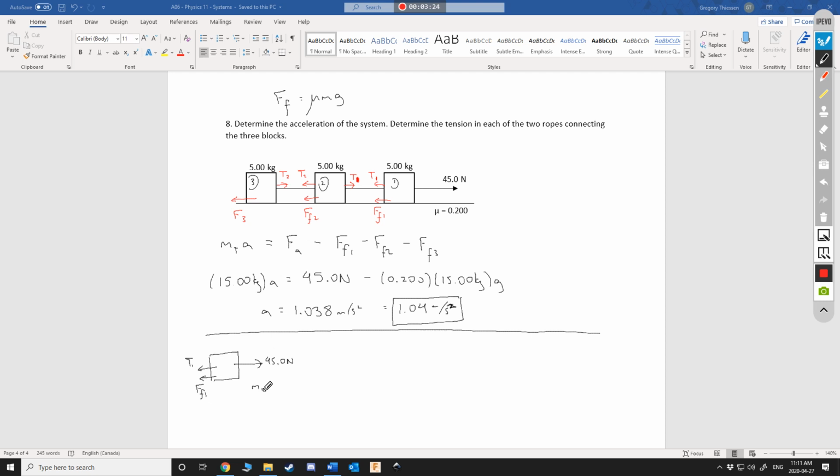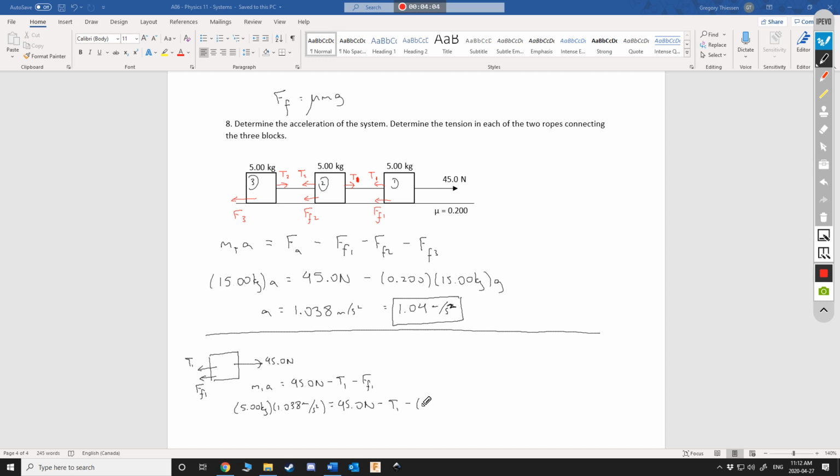So we have mass of block 1 being accelerated by 1.038 meters per second squared. The 45.0 newtons is making it go right, but it's overcoming tension and force of friction 1. So the mass was 5.00 kilograms, acceleration 1.038 meters per second squared, 45.0 newtons minus T1 minus, you have to be careful, we're not just going to use this whole friction value from before, we're just looking at block 1.